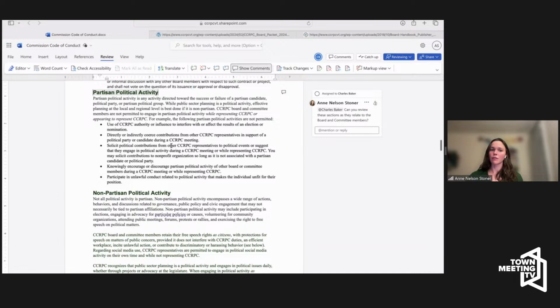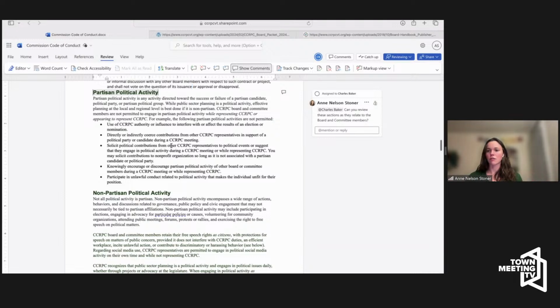But it goes a little bit further than that because we are civil servants and we need to keep our work nonpartisan. However, board and committee members are not employed by CCRPC, so they're not covered under the Hatch Act. That being said, I think there still ought to be an expectation that board members and committee members do not participate in partisan political activity while representing CCRPC.